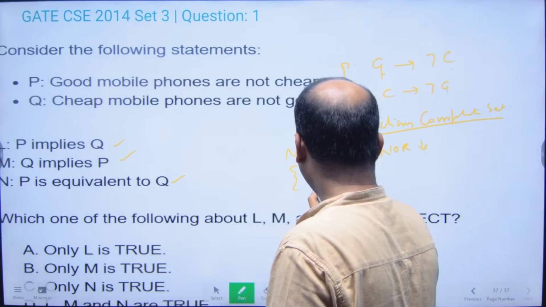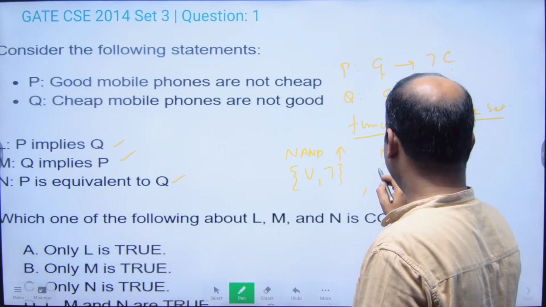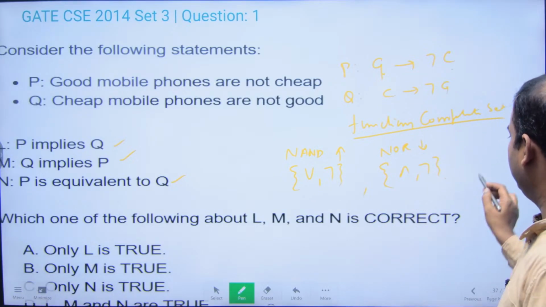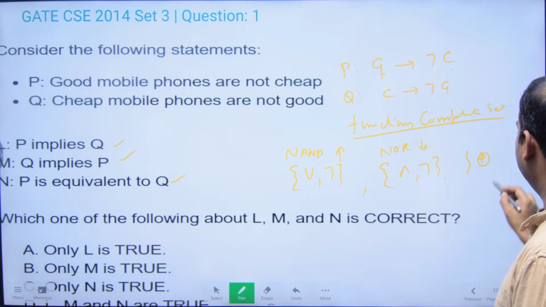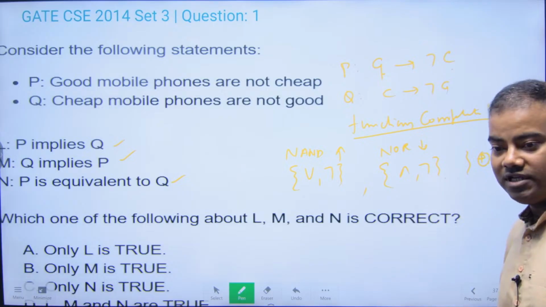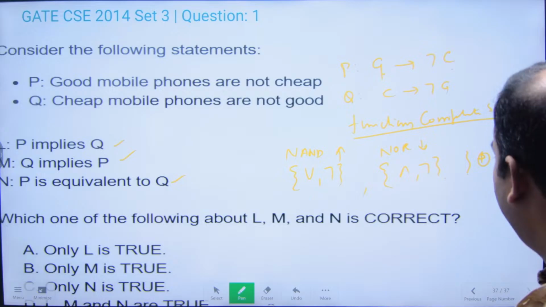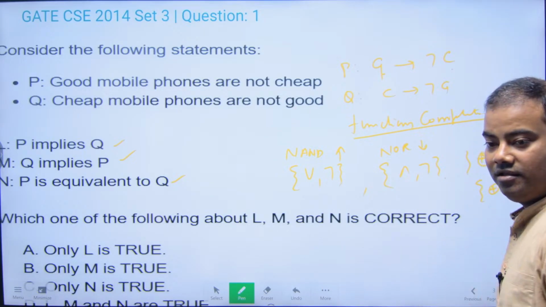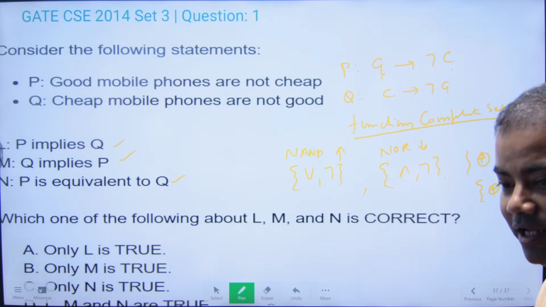Similarly, OR and NOT is also functionally complete, and AND and NOT is also functionally complete. What about XOR and NOT? This is also functionally complete. If only XOR, can you make all the gates? You cannot.